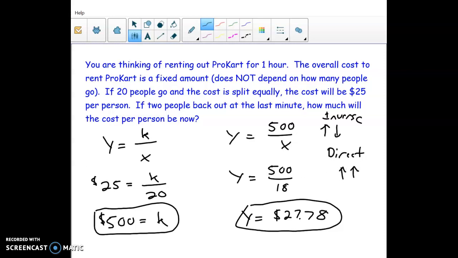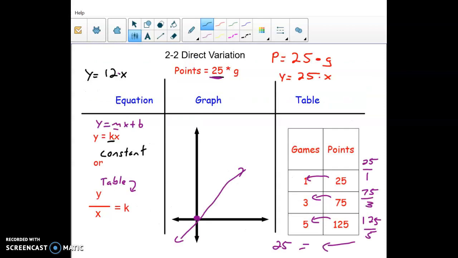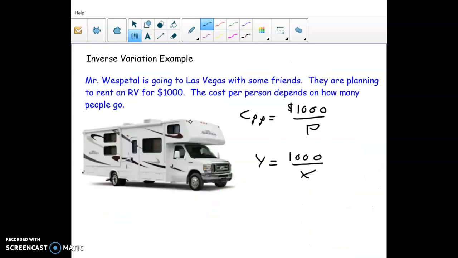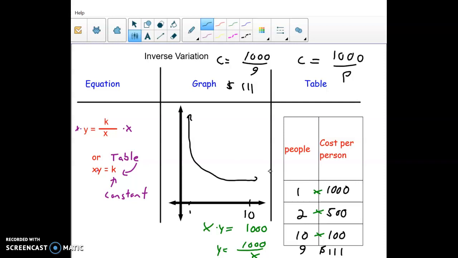If we go back and look at our tables, as games go up, points go up. Versus the inverse variation example, as the number of people goes up, the cost goes down. So they're opposite of each other.